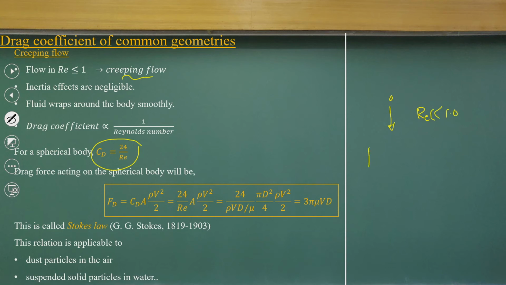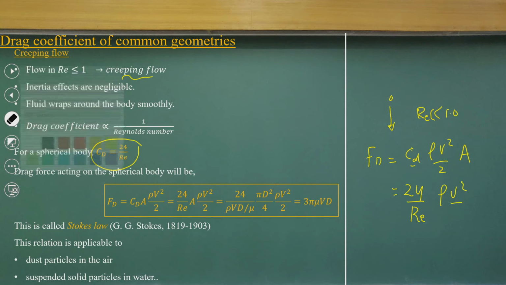In that case you have the same formula: drag equals CD times rho V square by 2 times area, that is, dynamic pressure multiplied by the frontal area into the CD. Since CD is 24 by Reynolds number, obtained from experiment, we substitute it into rho V square.